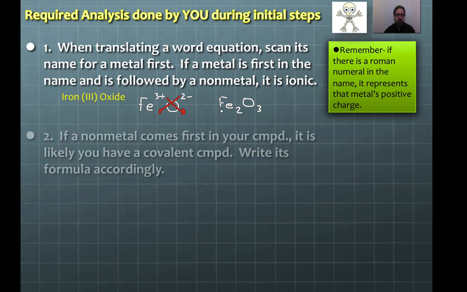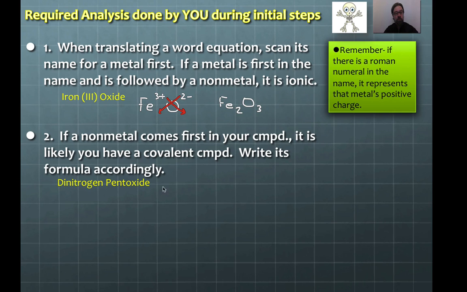Number 2, if a nonmetal comes first in the compound that you're trying to translate, it's likely you have a covalent compound. Write its formula accordingly. This is where most students do just fine. In the case of dinitrogen pentoxide, as long as you've memorized those prefixes for the covalent compounds, you're going to be just fine. Di means the number 2, so it's dinitrogen, so N will be followed by a 2.